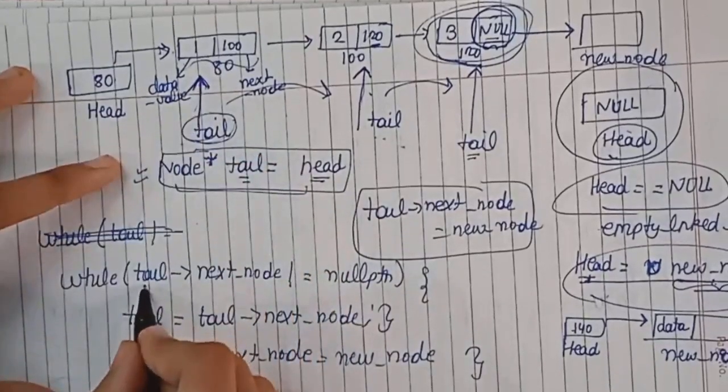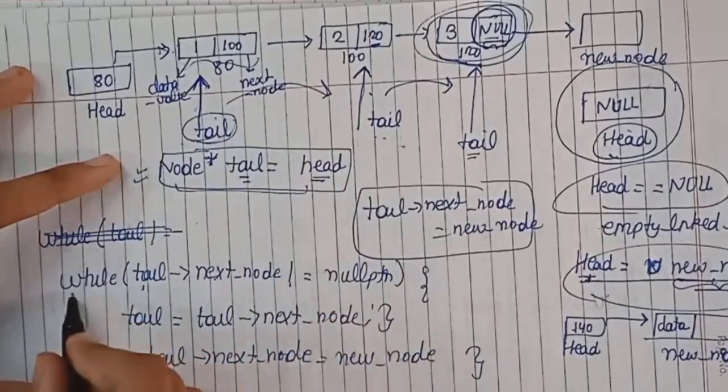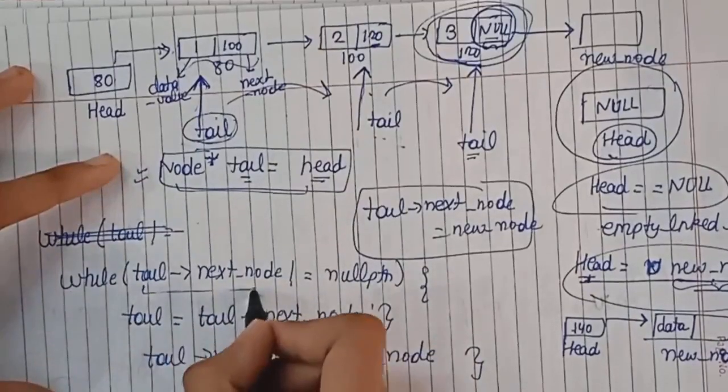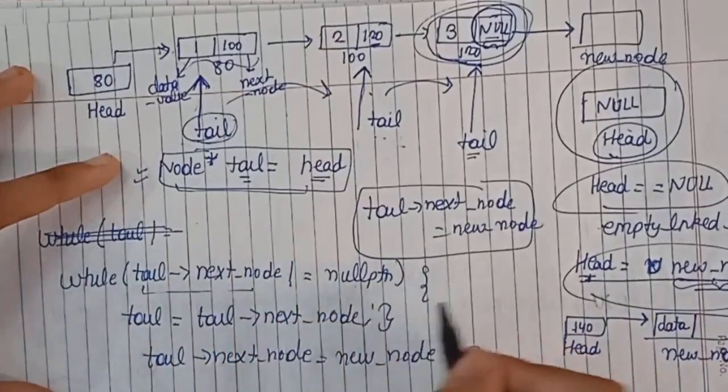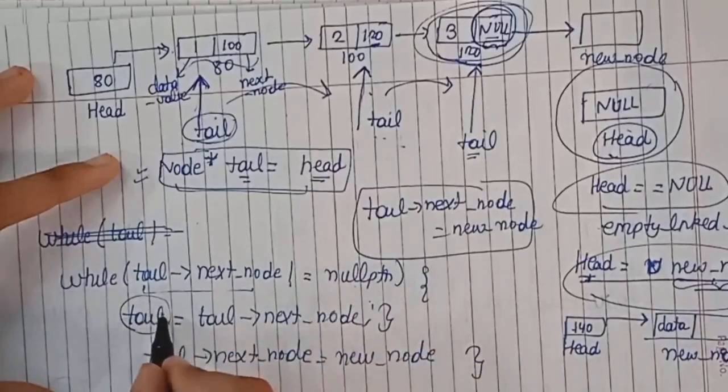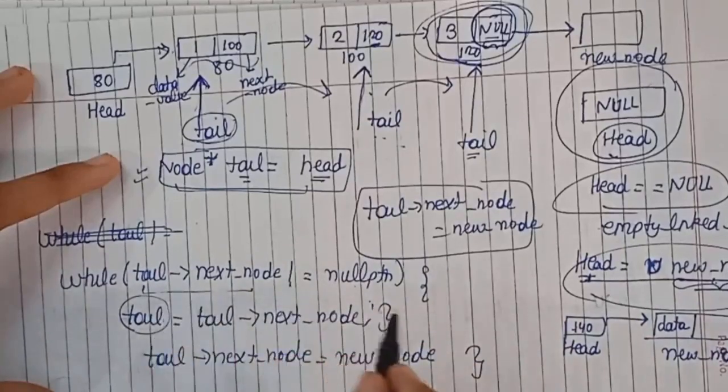Now I will apply my while loop, and until tail's next node becomes null pointer, I will move tail to the tail's next node.